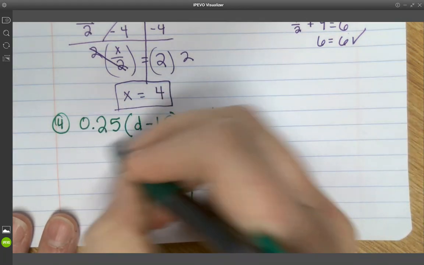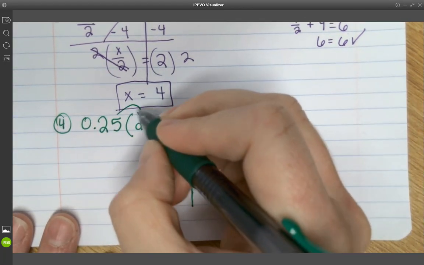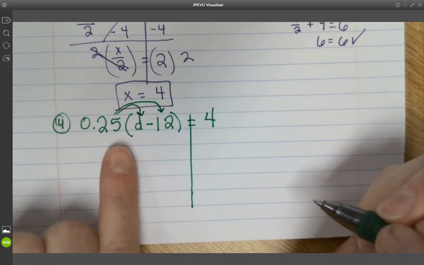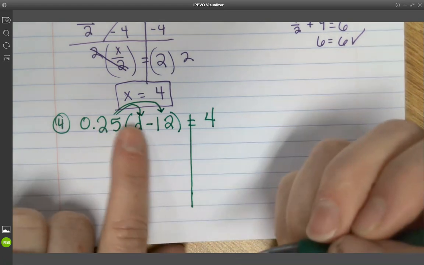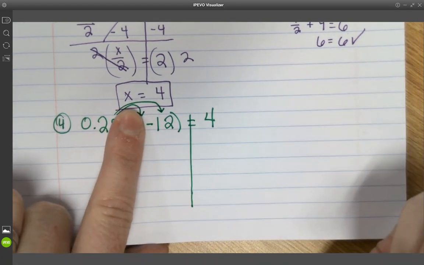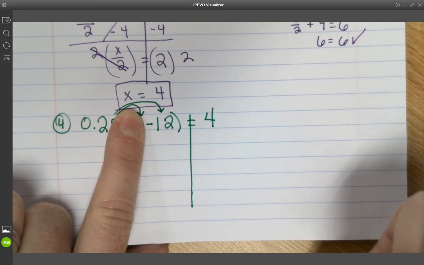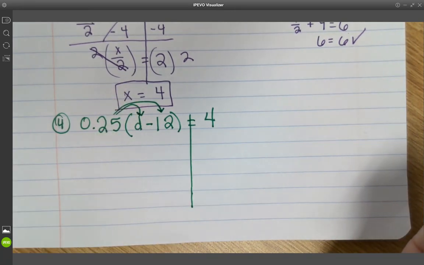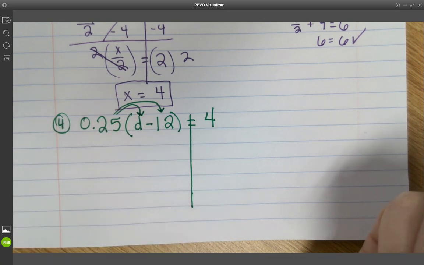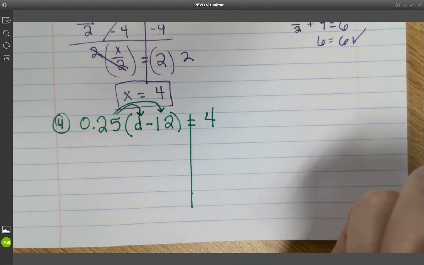Yep. So we're going to take this 0.25 times d and then times the negative 12. A lot of people get confused with minus and negative. They're like, no, that says minus 12. Well, if I were to cover up the d, what does it look like now? A negative 12. Whenever I take it off, it's minus 12. So it's interchangeable whether you say minus 12 or that number is a negative 12.